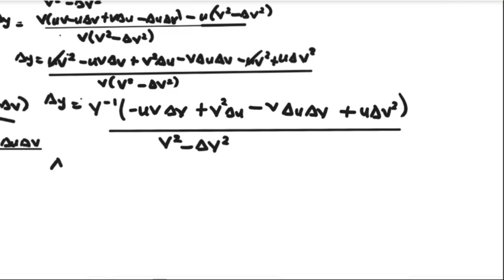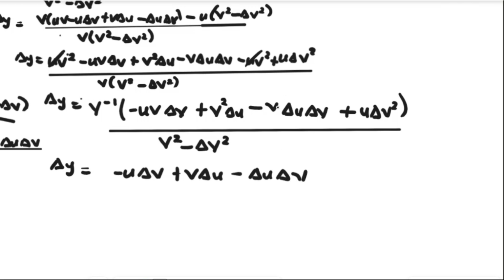So here delta y will give us, now v raised to the power minus 1 times this is going to cancel out this v, because v raised to the power minus 1 times v raised to the power 1 will be v raised to the power minus 1 plus 1, which is v raised to the power 0. Or you can say v raised to the power minus 1 is the same thing as 1 over v. So when you say 1 over v times minus uv, it will still cancel out this v. So here we'll be left with minus u delta v plus, of course, 1 over v times v squared, that will give us v delta u minus delta u delta v.